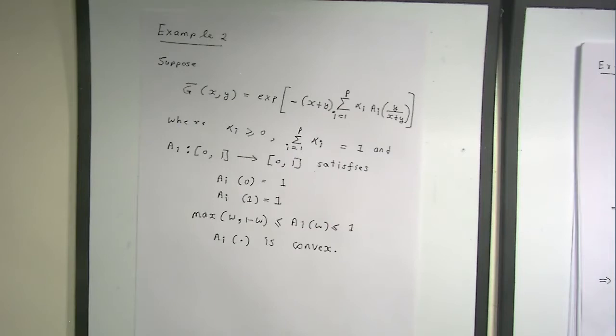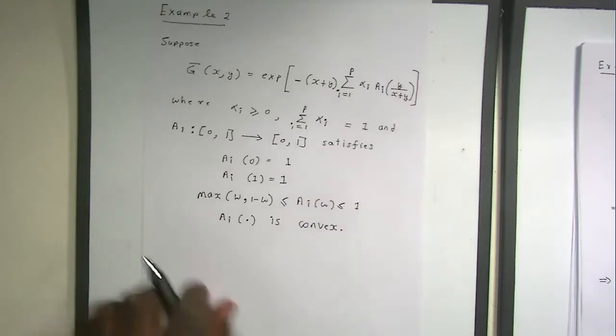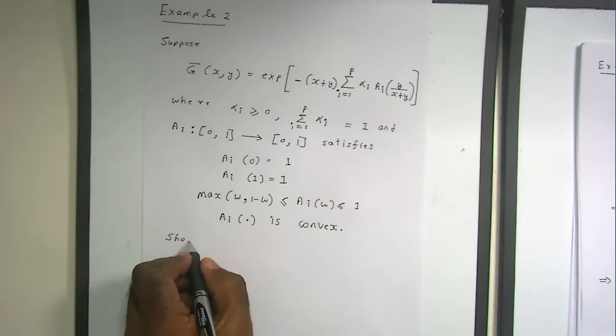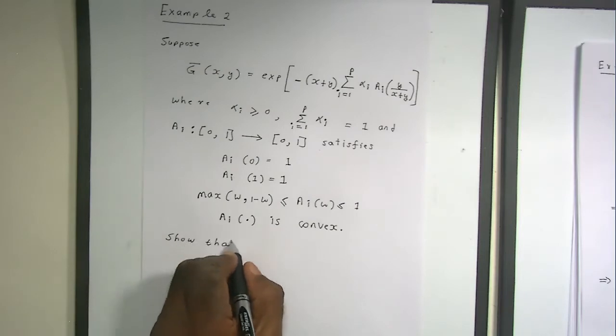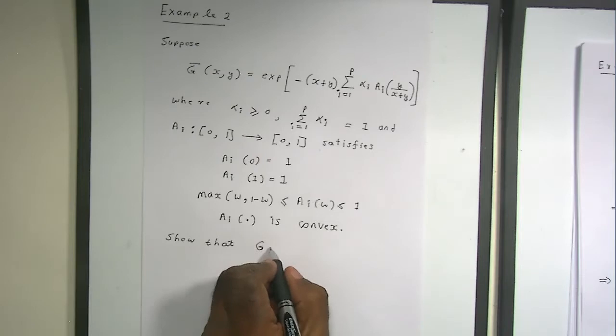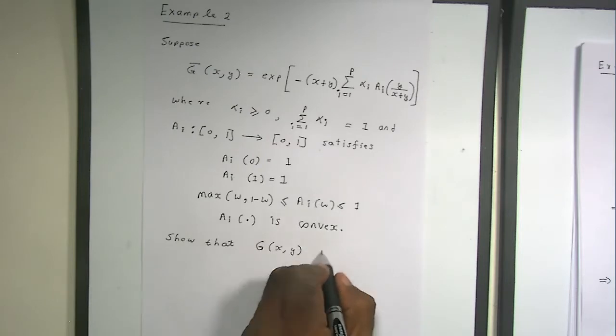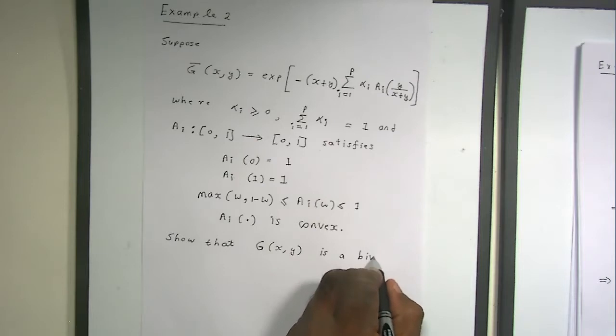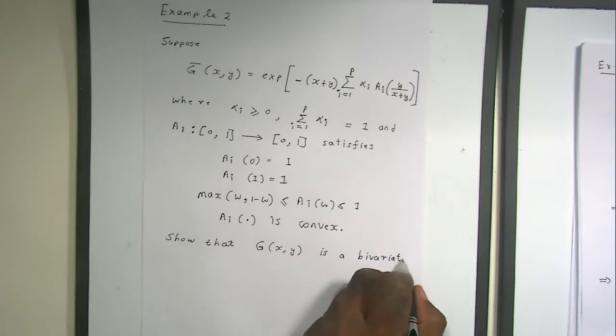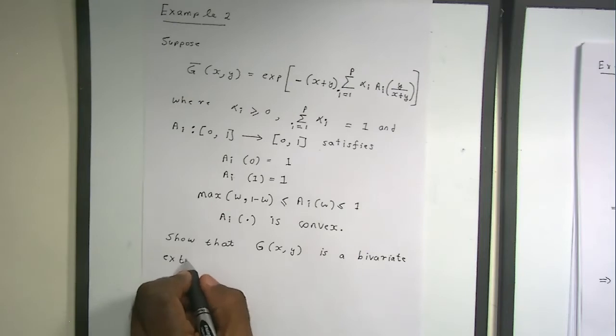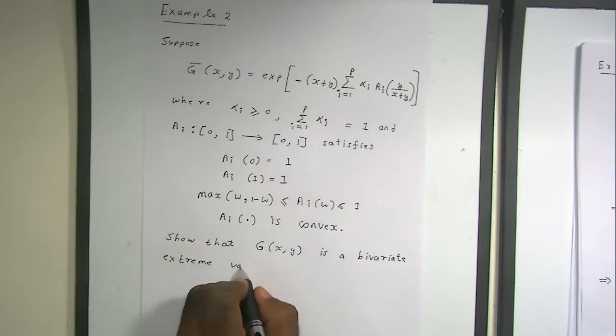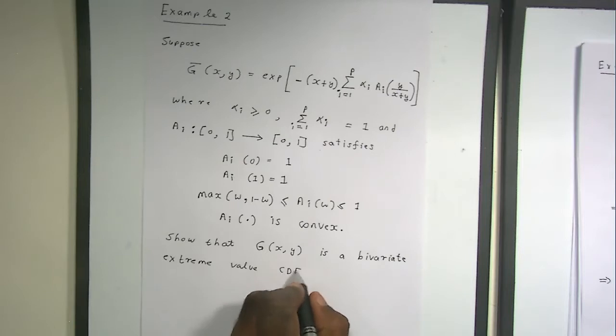So this G bar is defined as that, and the question is: show that it is a bivariate extreme value CDF.